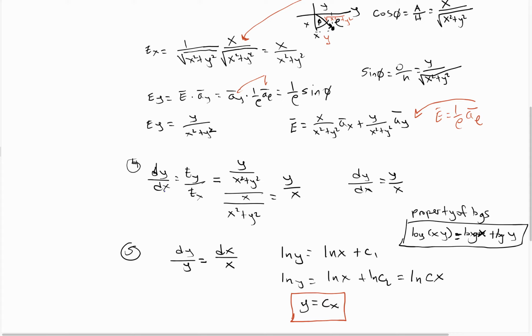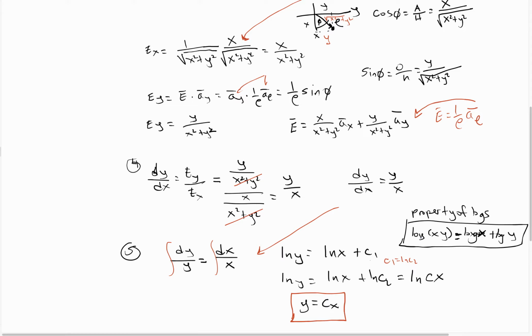Then we just plug it back into our equation at the top where we said E_y over E_x is equal to dy dx. We put in what we know, and this cancels out with this, and we're left with y over x. So dy over dx is equal to y over x. We do separation of variables and integrate, and we get this. We could recast the constant and say C1 is equal to ln of C2, where they're all just constants.